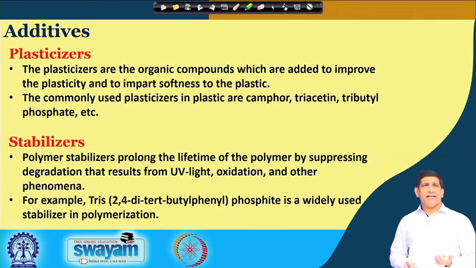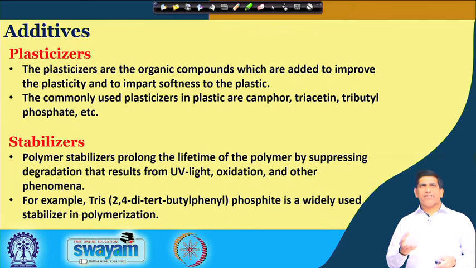Then plasticizer, as the name suggests, will do what? It will give more plasticity, and it will impart softness to the plastic. So, why do we need that? Because to make plastic in different shapes, whether in a roll or thin sheets, or you have to mold it into different kinds of complicated shapes.